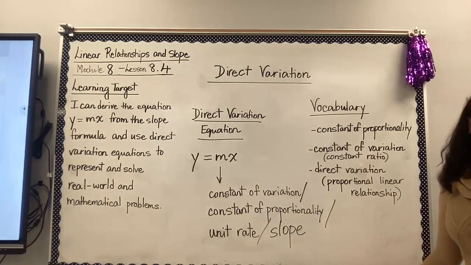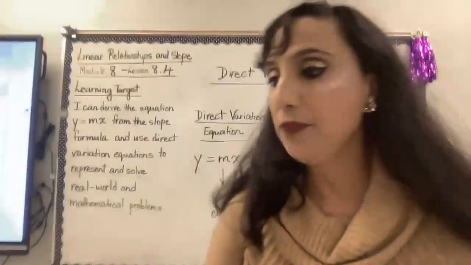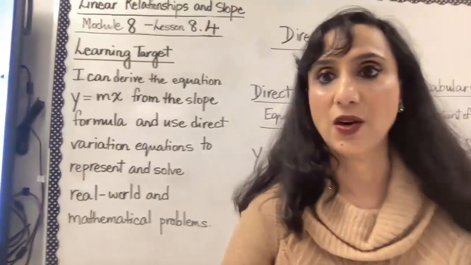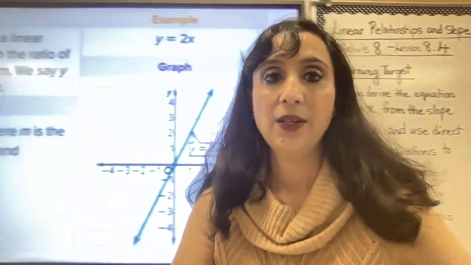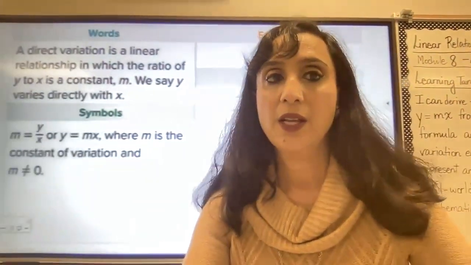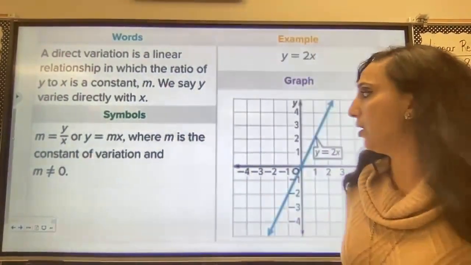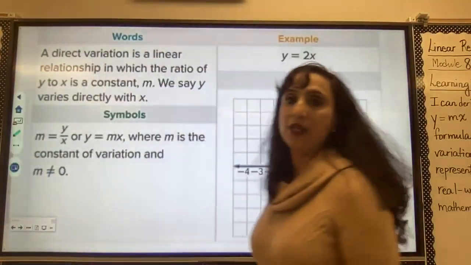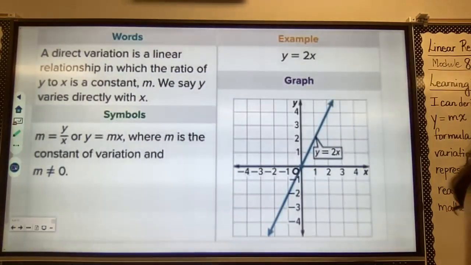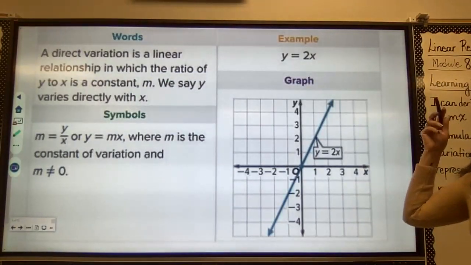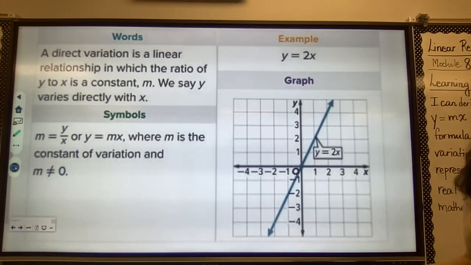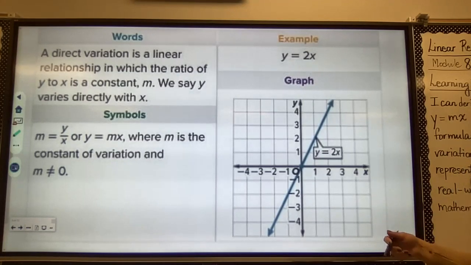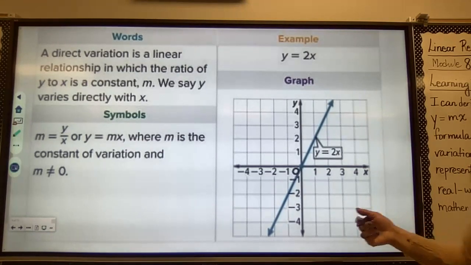So I would like you to look at a graph. Let's look at this graph, and the same one that, if I say y = mx, that is the direct variation equation that we are using.